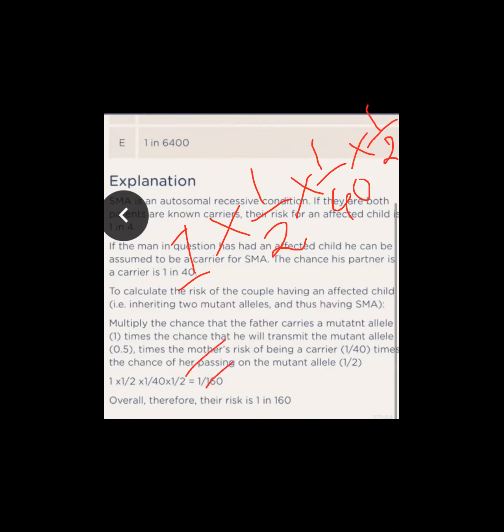So the total risk will be 1 by 160. This is how we calculate an autosomal recessive condition where the father is a carrier but the mother has only population risk. Here it will not be specified as daughter or son, because the affected child can be a daughter or a son.